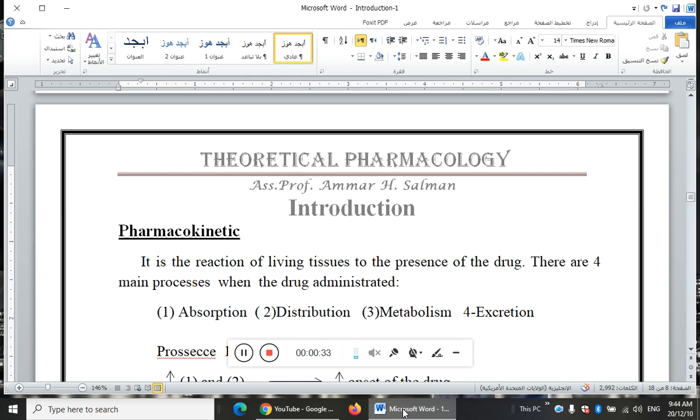When the drug enters the body, the living tissue will deal with it as a foreign material. So there will be a reaction from living tissues to the drug. These reactions include four processes, which are absorption, distribution, metabolism, and excretion.